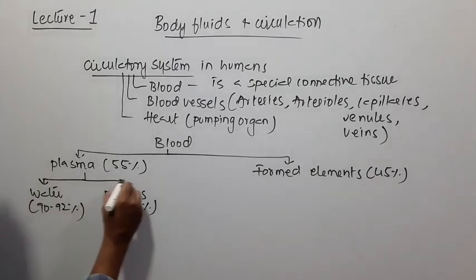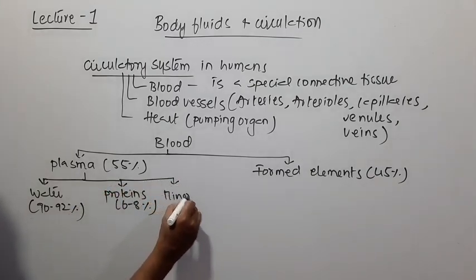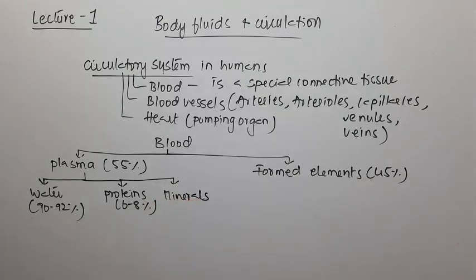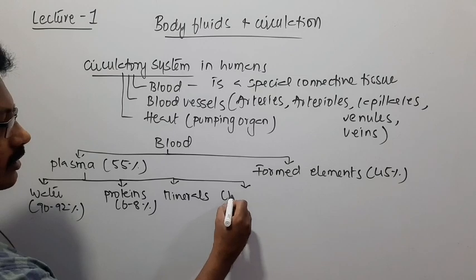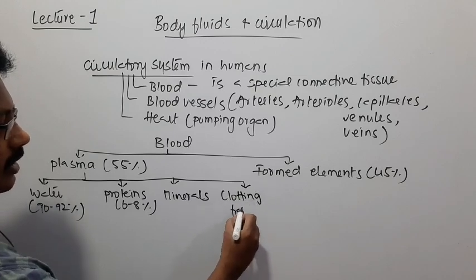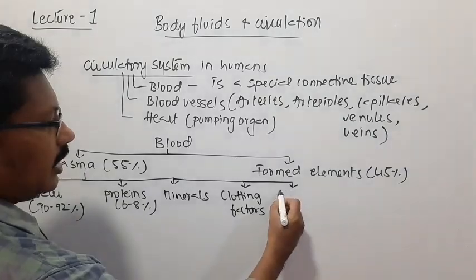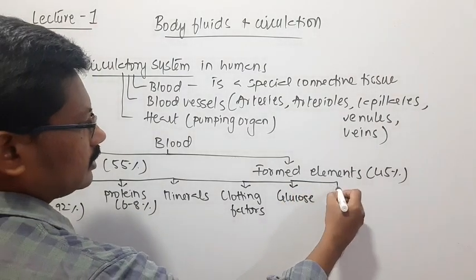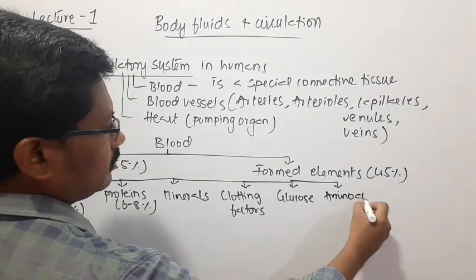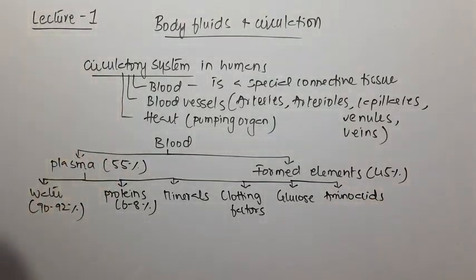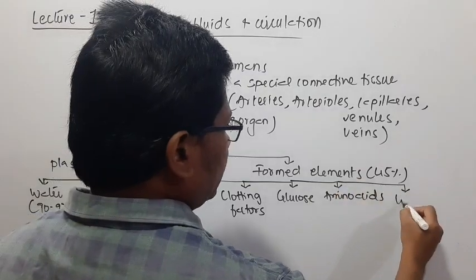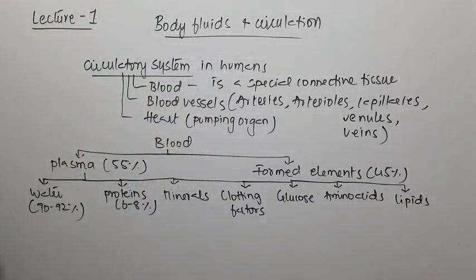It also has minerals, clotting factors, glucose, amino acids, then lipids, etc. So the plasma contains water, proteins, minerals, clotting factors, glucose, amino acids, lipids, etc.